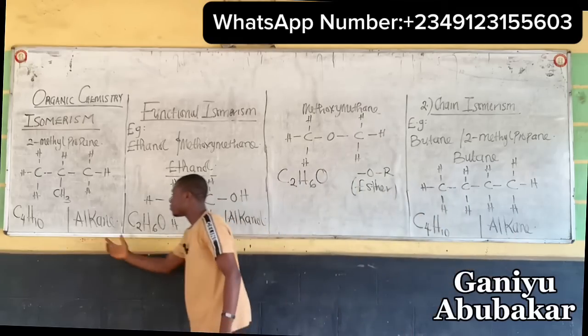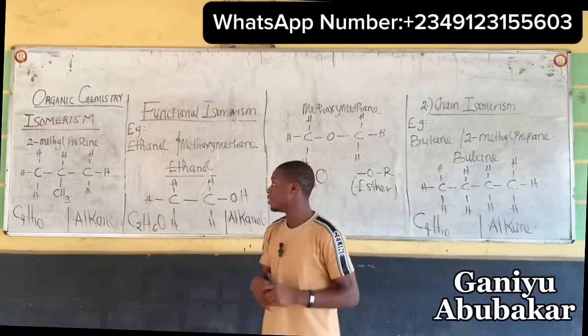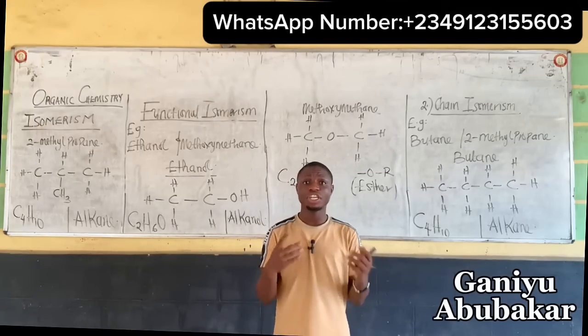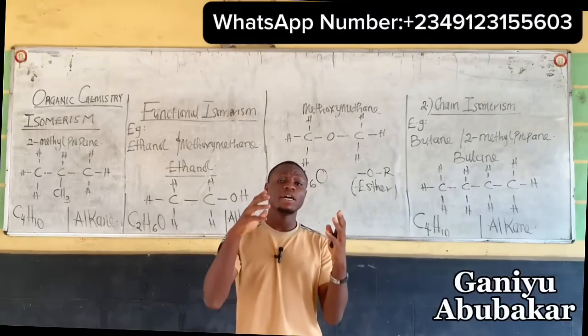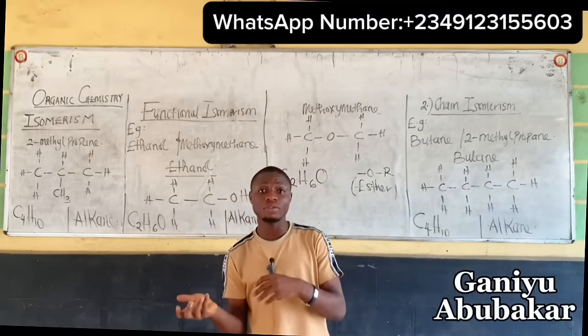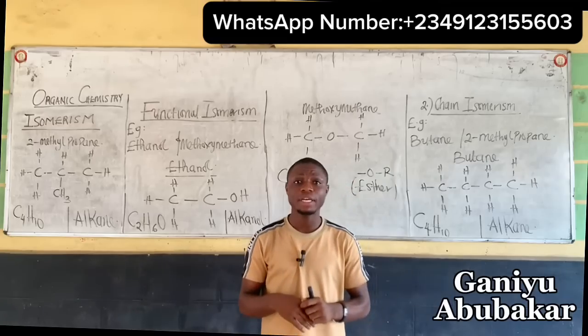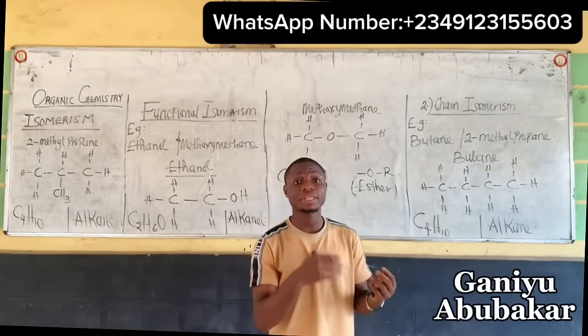This explains the concept behind chain isomerism, or chain isomers. A chain isomer is simply a kind of two compounds that possess the same molecular formula and the same functional group.